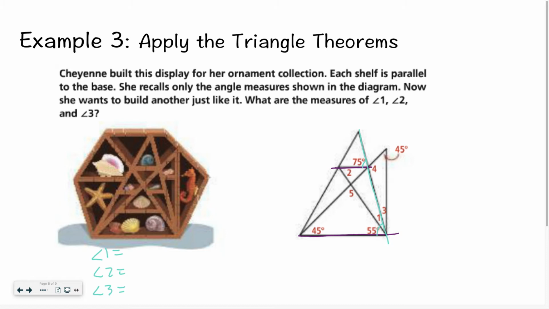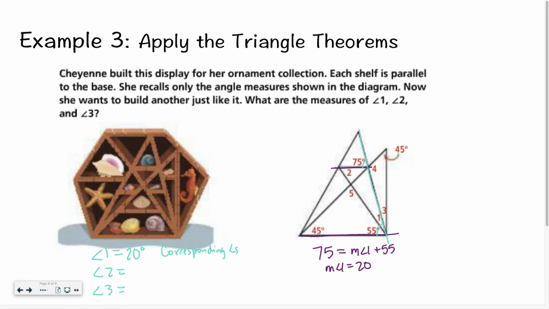And we know that corresponding angles between parallel lines are congruent. So we can say 75 equals the measure of angle 1 plus 55, or the measure of angle 1 equals 20. And I got that by using corresponding angles. You don't have to write that down. I'm just writing it down as kind of a reference point for you guys.